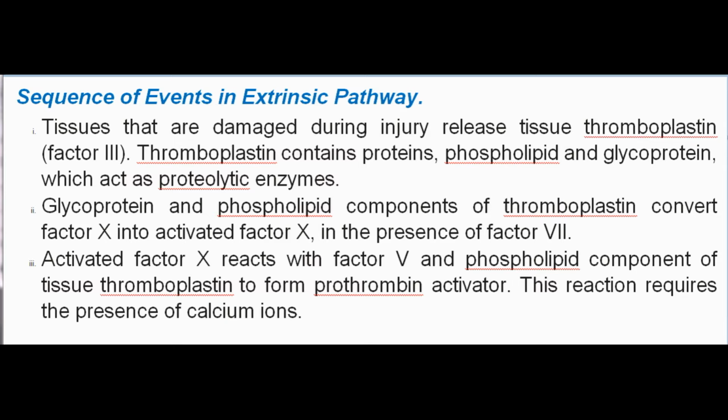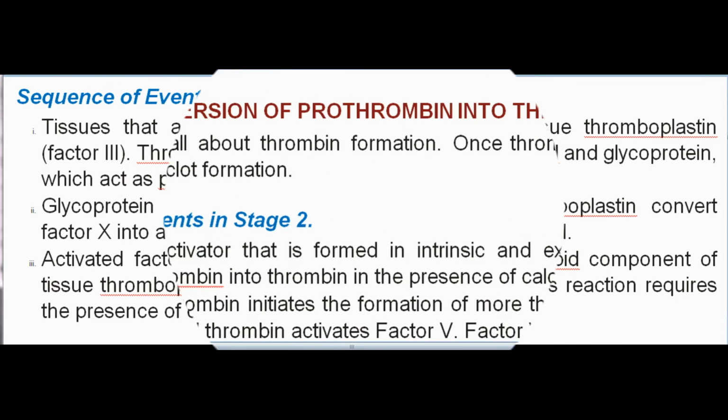Thromboplastin contains proteins, phospholipid and glycoprotein, which act as proteolytic enzymes. Glycoprotein and phospholipid components of thromboplastin convert Factor X into activated Factor X, in the presence of Factor VII. Activated Factor X reacts with Factor V and phospholipid component of tissue thromboplastin to form prothrombin activator. This reaction requires the presence of calcium ions.